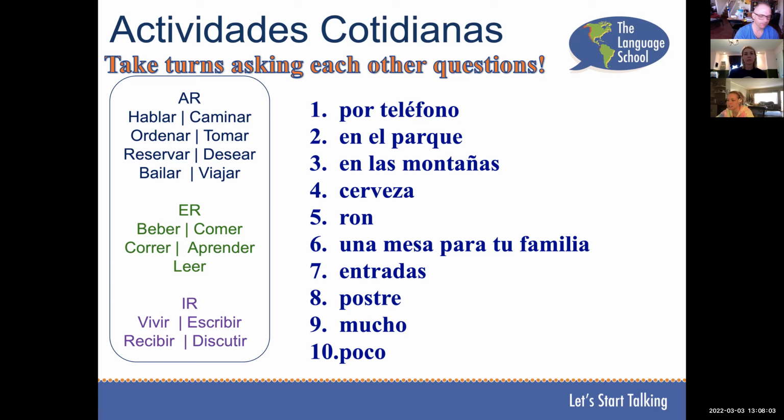But she's not asking you if you're eating tickets. Yeah, that's why I was confused. I was like, I don't know what this is. Sí, como. How do you say I? Yo. Yo como entradas.